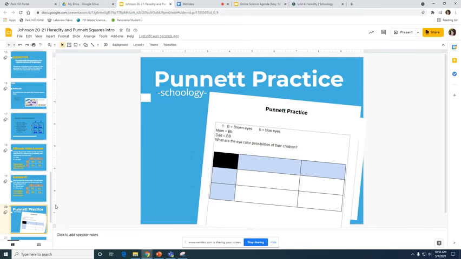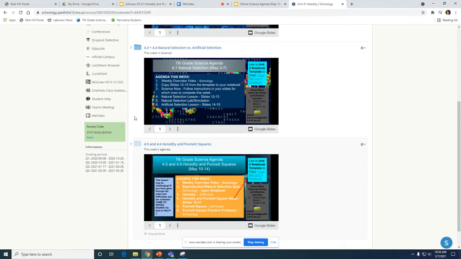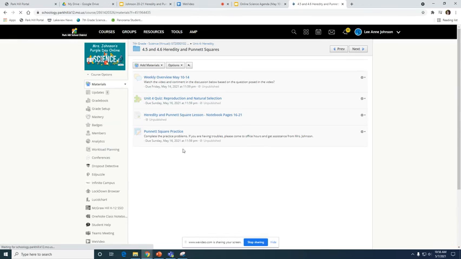The last thing that I have for you this week is a 3-question, actually, I guess it's technically 4-question Punnett square practice worksheet, and that is in Schoology for you. So if you go over here and we're in our 4.5, 4.6 folder, here is the Punnett square practice. Basically the idea is by the time you've gone through the Edpuzzle and then the practice in your notebook, these are going to be practice problems that you're going to be submitting to me so I can see how you're doing on this.